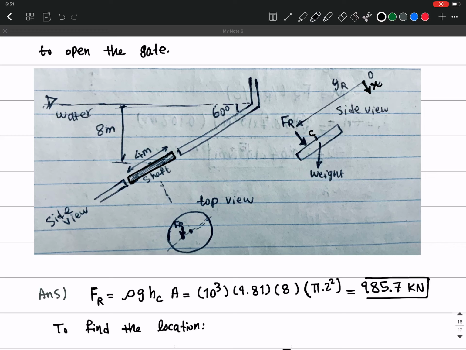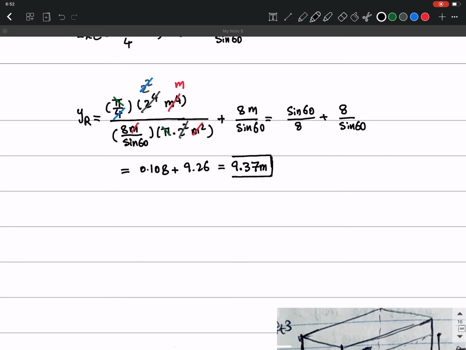So we have to calculate this moment around this shaft. So I'm going to do it. So B, the moment to open the gate.